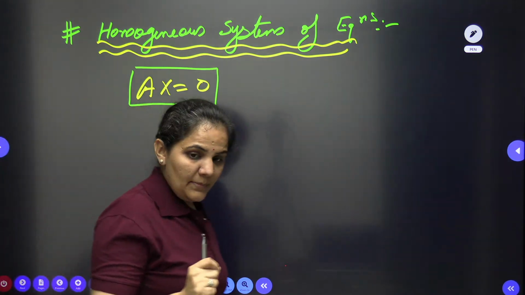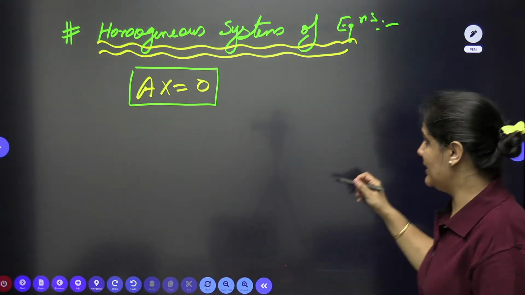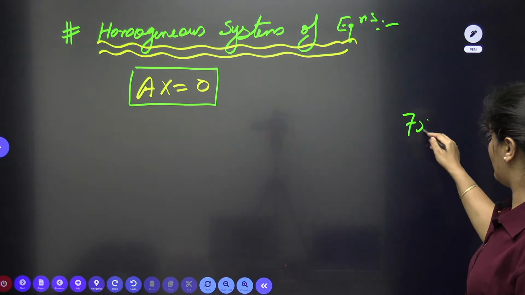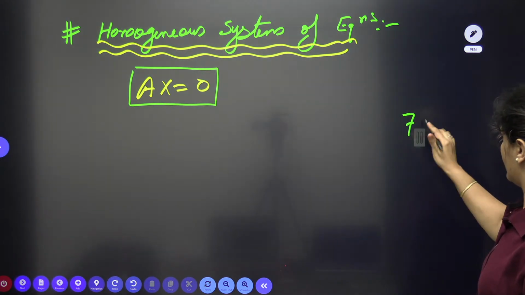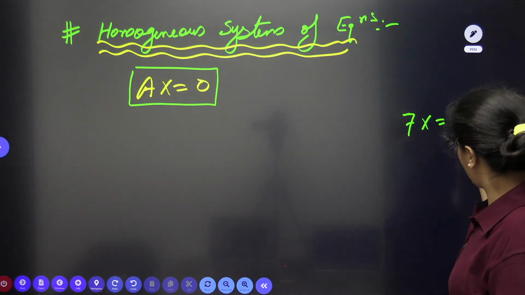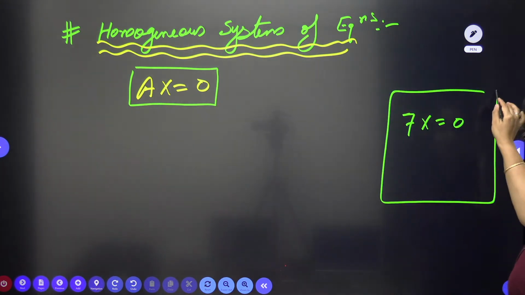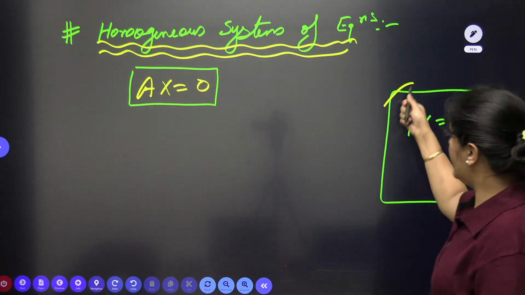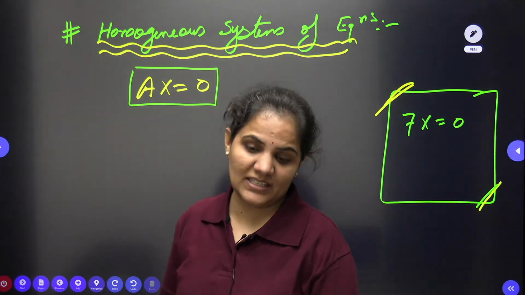One simple question: if I am writing here 7x is equals to 0, will you tell me what is the meaning of this 7x is equals to 0?